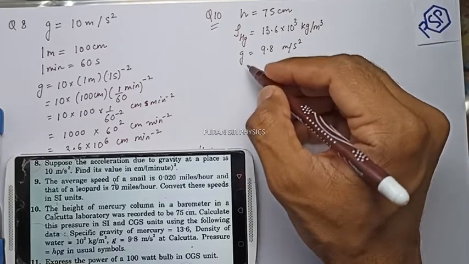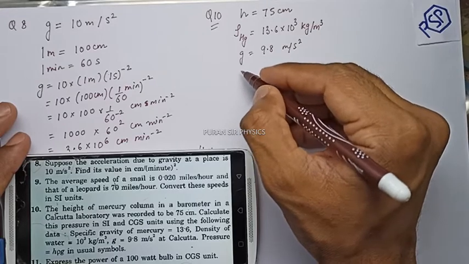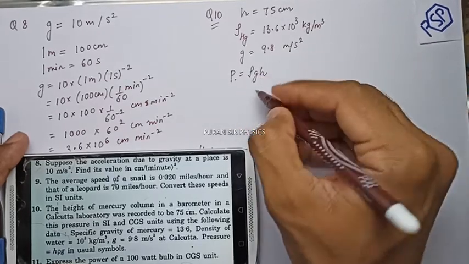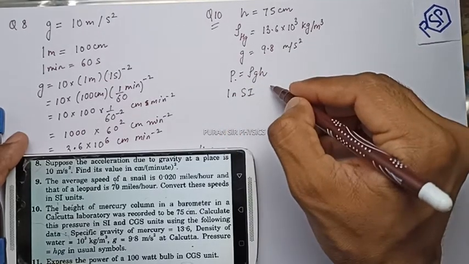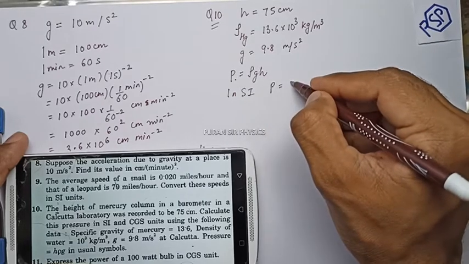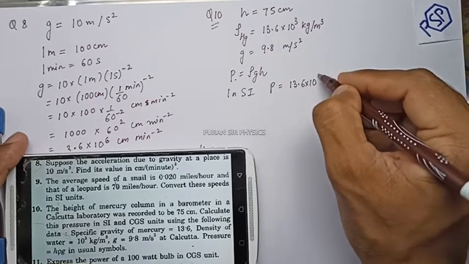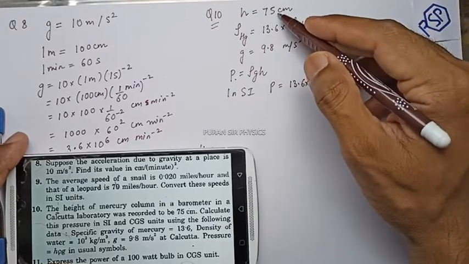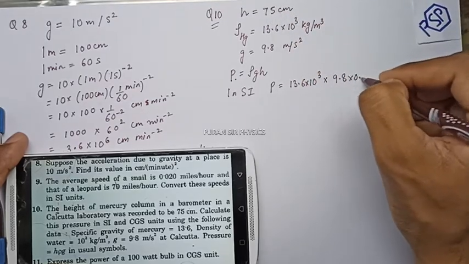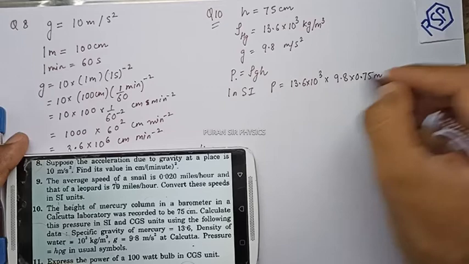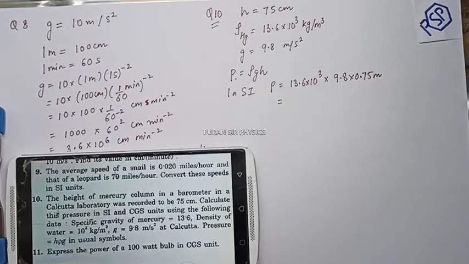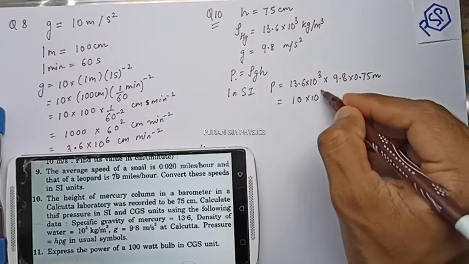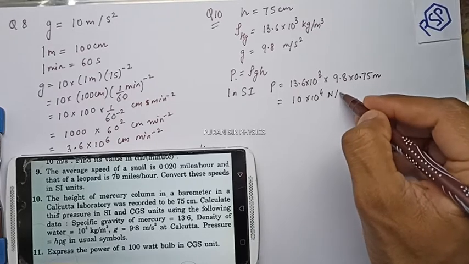If you have to find it in SI units, the pressure, that is rho g h, will be 13.6 into 10⁻³ into 9.8. The height is not already in SI units, so we have to change it. That will be 0.75 meter. When we solve this, it comes out to be nearly 10 into 10⁻⁴ Newton per meter square.